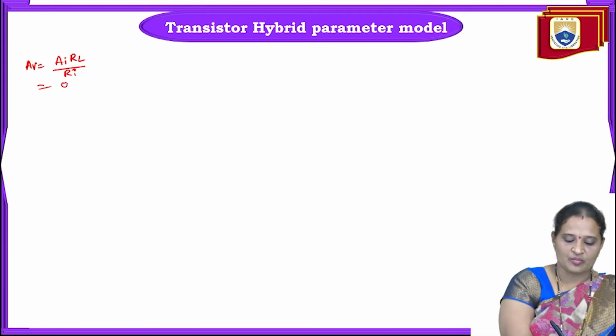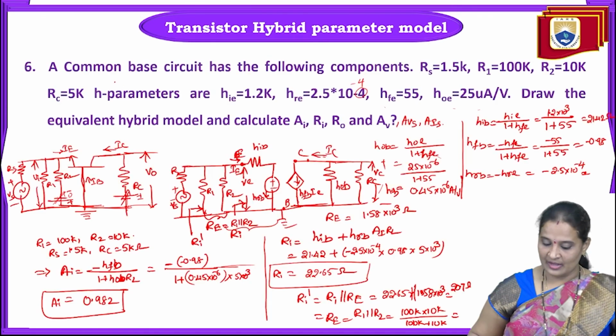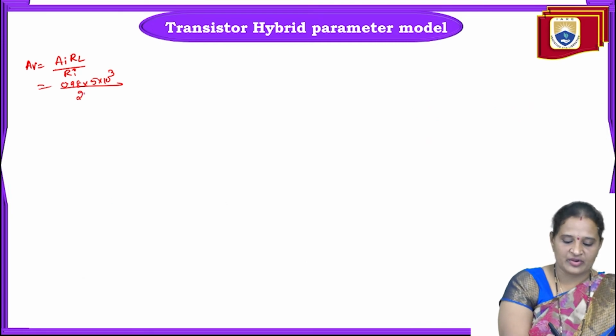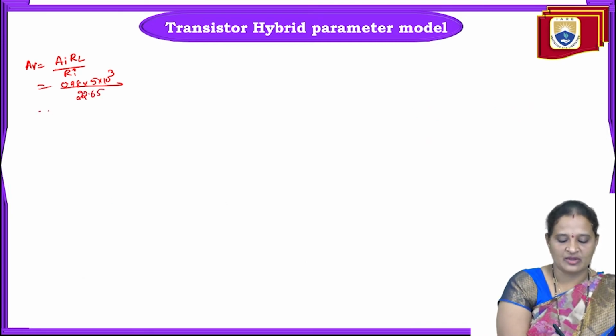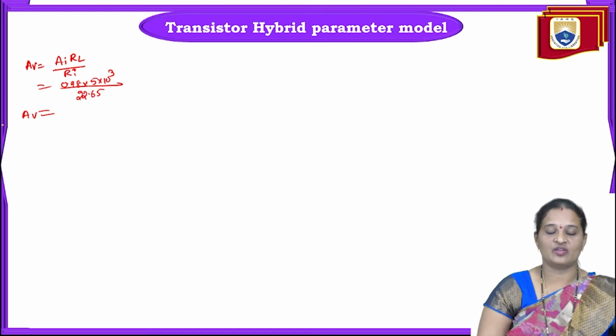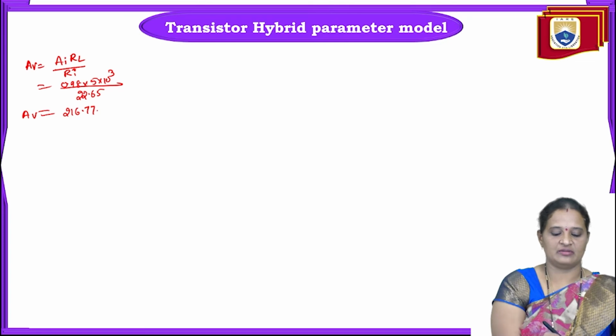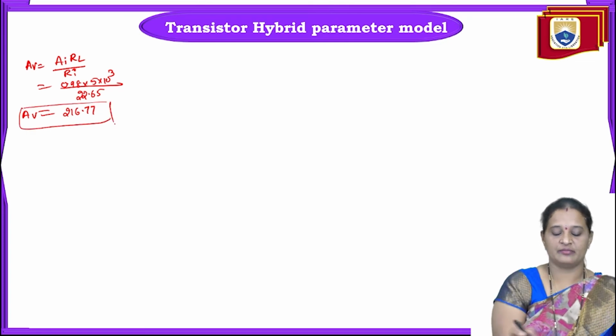That is 0.98 into RL, which is 5 into 10 to the power of 3, and RA. What is the value of RA? 22.65. If I calculate this value, I'll get the voltage gain, and the voltage gain value is 216.77. This is the voltage gain, right?